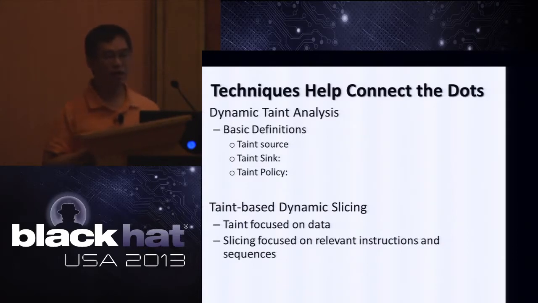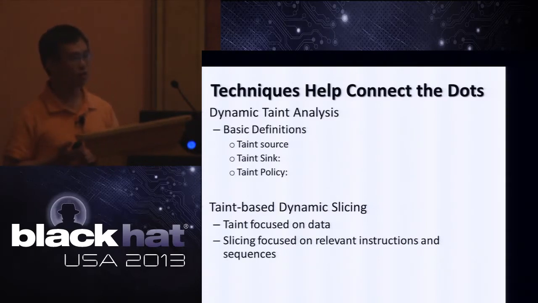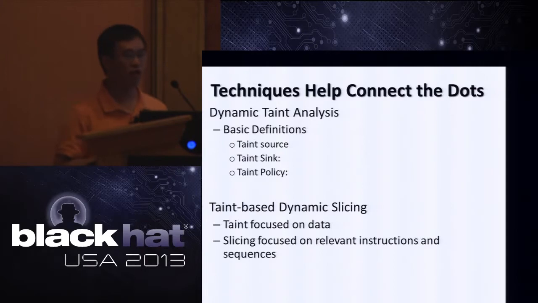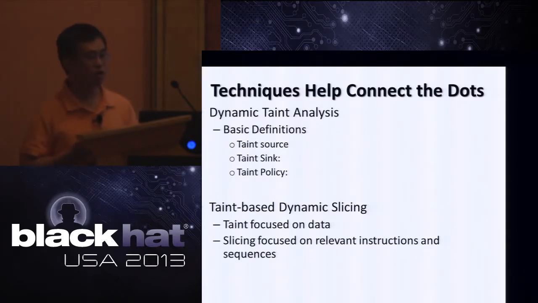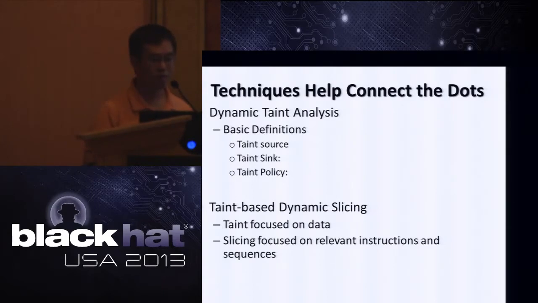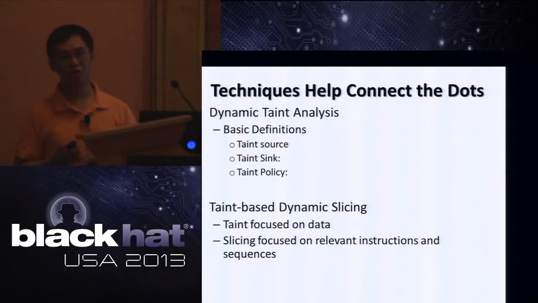In a vulnerability context, the taint source can usually be your input, the input that the user has control of. The sink could be the return address or the EIP register, things that have security implications. The most commonly used taint policy is the data policy: your source somehow affects the value of your sink. So taint takes a data-oriented approach, where you look at how the data flows and moves.